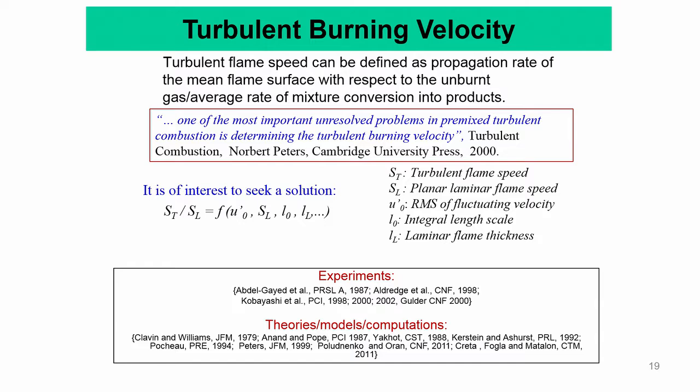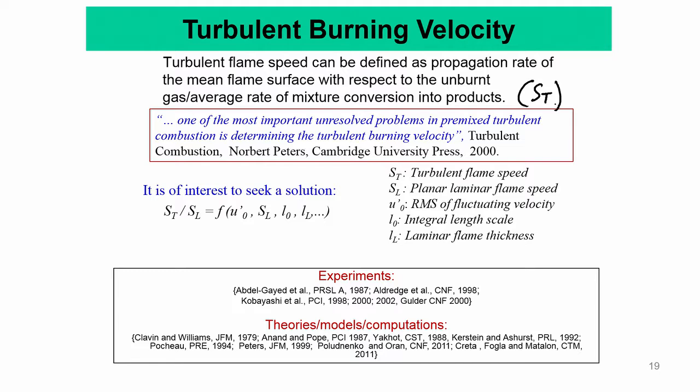Just like laminar flame speed is an important parameter for laminar flames, turbulent flame speed is a very important parameter for turbulent burning velocity, but there are problems, which we will see. The turbulent flame speed can be defined as the propagation rate of the mean flame surface with respect to the unburned gas and the average rate of mixture conversion into products. So, that was our ST.